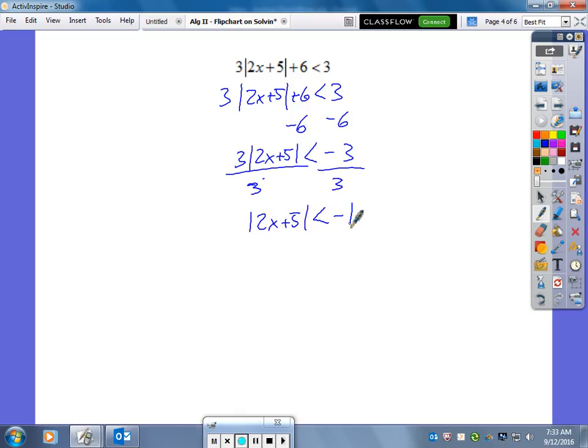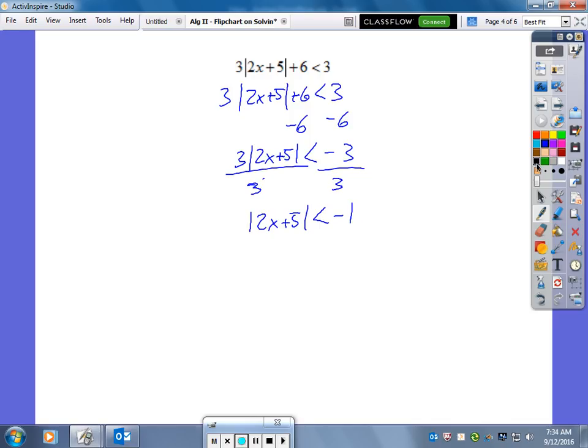So let's get started to write our separate inequalities. But wait a minute! The absolute value of 2x plus 5 is less than negative 1. Let's think about this for a second. As we know, an absolute value bar always turns everything to a positive, right? So how can the absolute value of anything be negative or even less than negative 1?